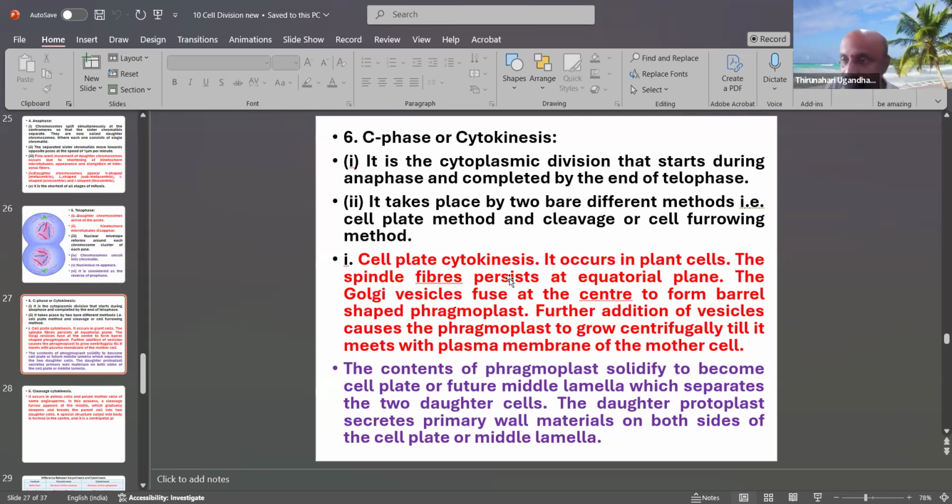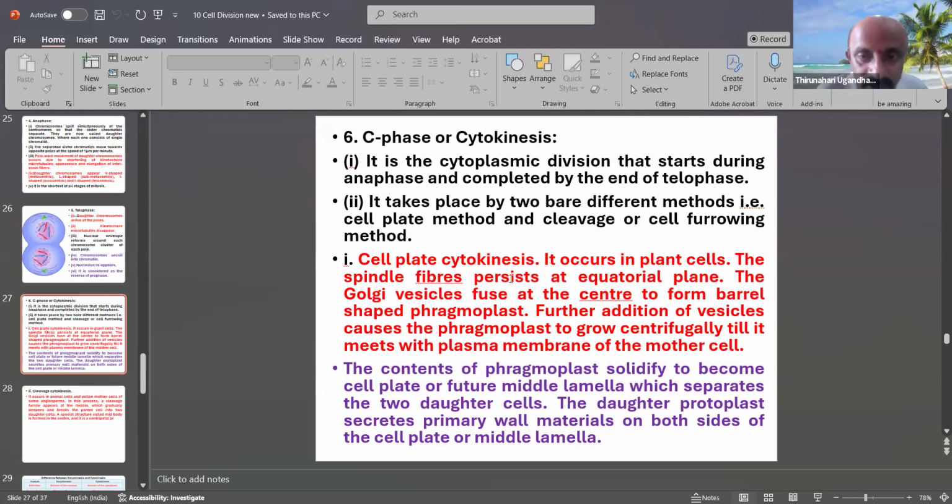The division of the nucleus occurs in four stages: prophase, metaphase, anaphase, and telophase. The C phase or cytokinesis, division of the cytoplasm, starts during anaphase and is completed at the end of telophase. After the completion of anaphase, the C stage or cytokinesis stage can start.